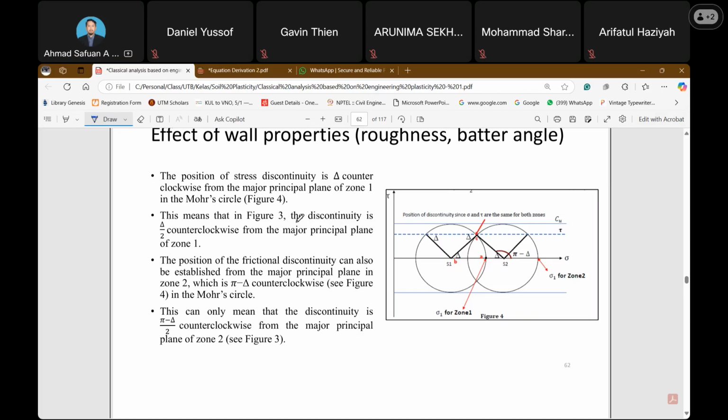The discontinuity is delta over 2 clockwise from the major plane of zone 1.